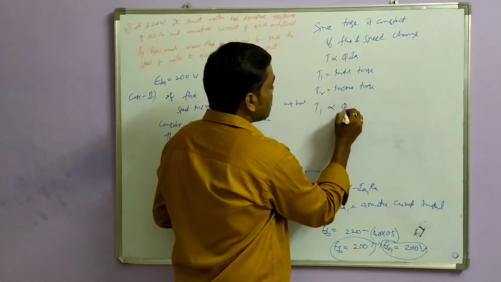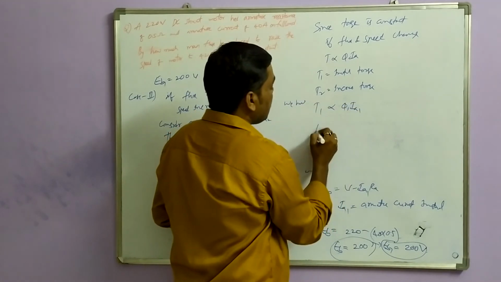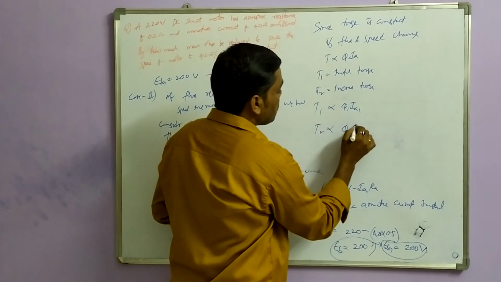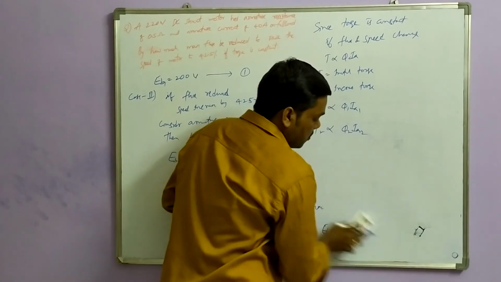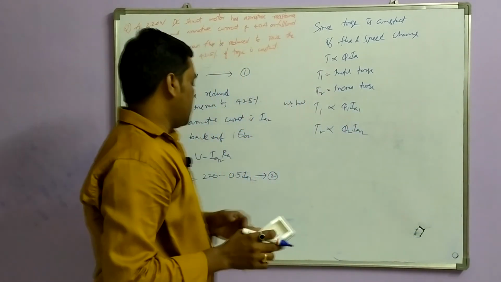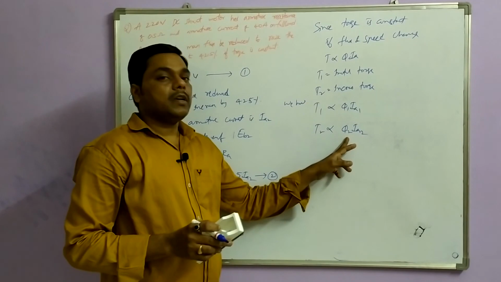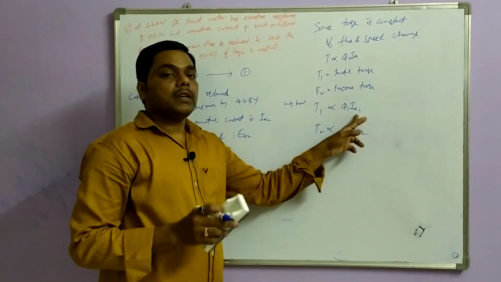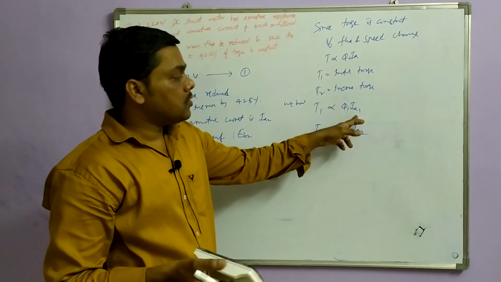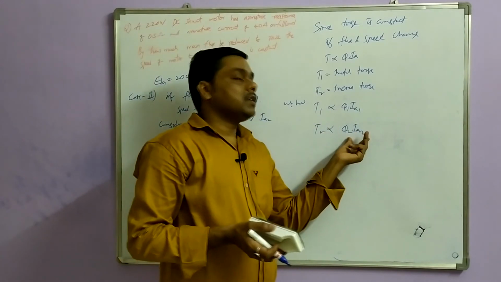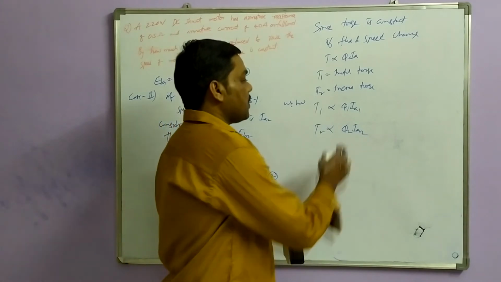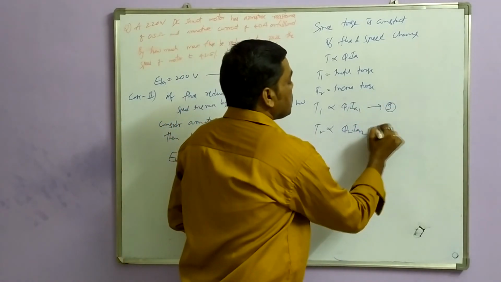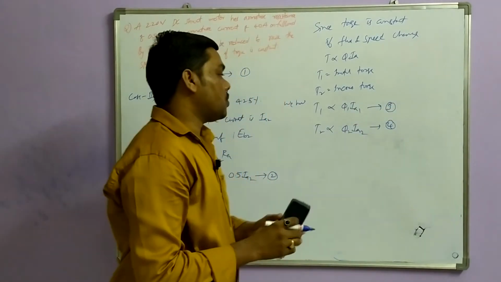T1 is proportional to phi1 into Ia1 and T2 is proportional to phi2 into Ia2. Phi1 is the initial flux and phi2 is the increased flux. Ia1 is the initial armature current, 40 amperes, which we know, and Ia2 is the increased armature current, which we don't know. These are equation numbers 3 and 4.